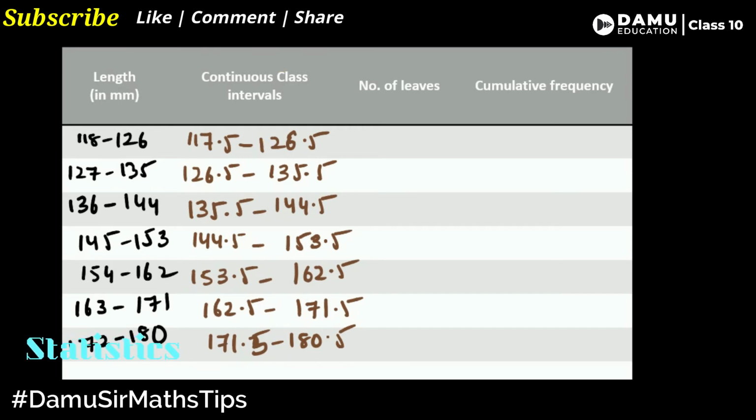So how many leaves are there? As we know, they are given as 3, 5, 9, again 12 for this, again 5, then 4, 2. So we have to find the cumulative frequencies. To find the less than cumulative frequencies, we are going to add. So write 3 as it is, then 3 plus 5 we are going to add to get 8.